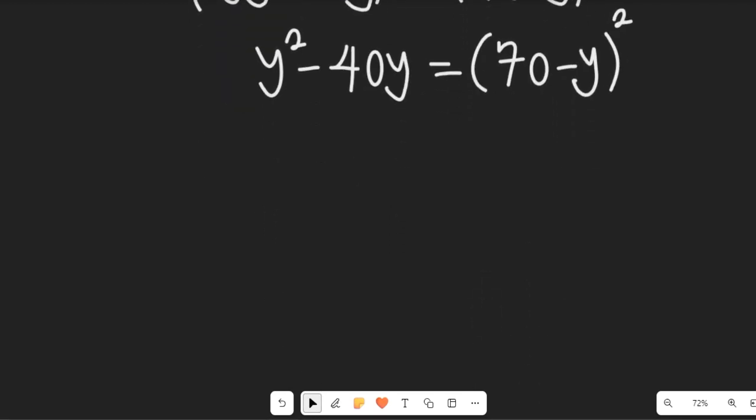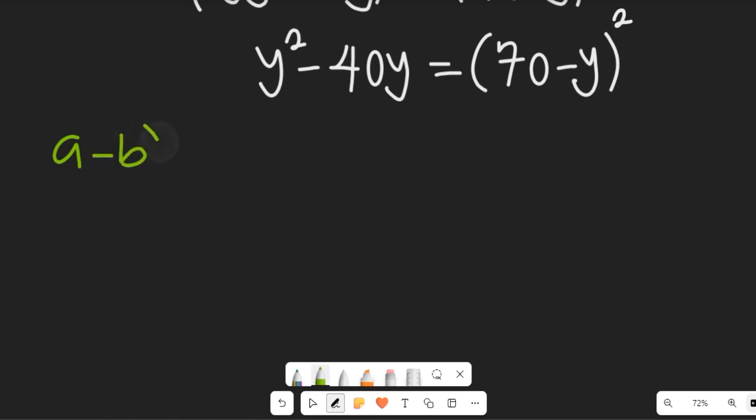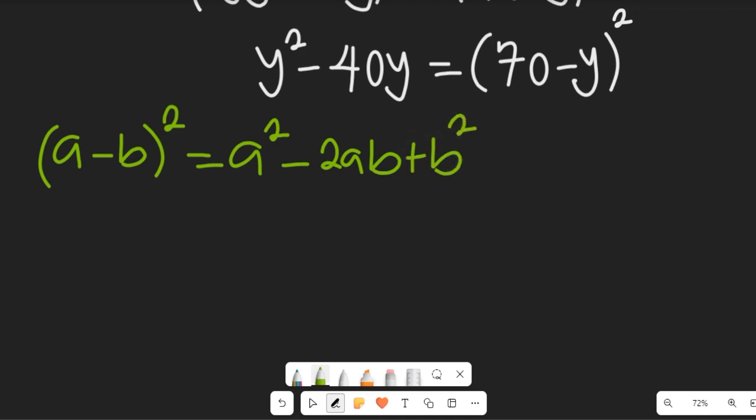In the next stage, we're going to see how we can expand the right hand side. Now recall this algebraic expansion. If you have a minus b all squared, if you expand this, this is going to give us a squared minus 2ab plus b squared, right?